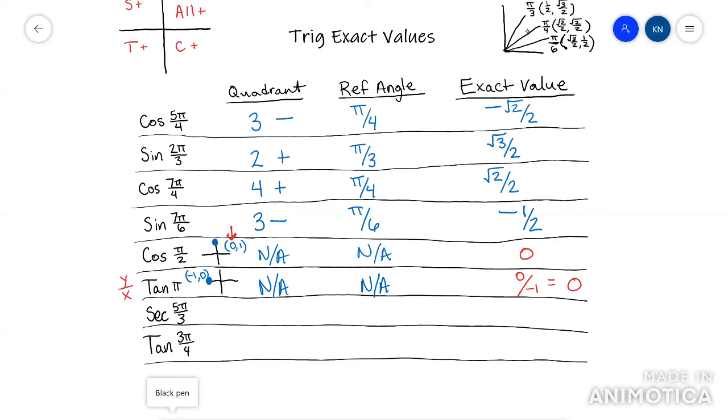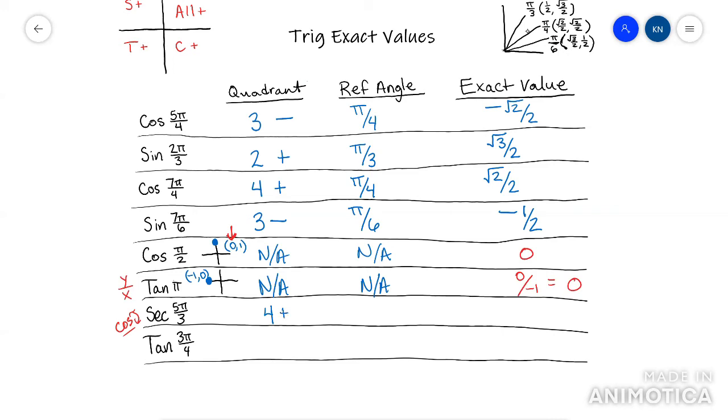Secant 5 pi over 3. Okay. First of all, 5 pi over 3 is in quadrant 4. Now, you have to remember that secant is cosine flipped. Why is that important? Cosine's positive in quadrant 4.